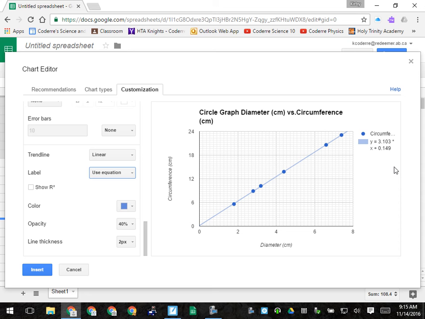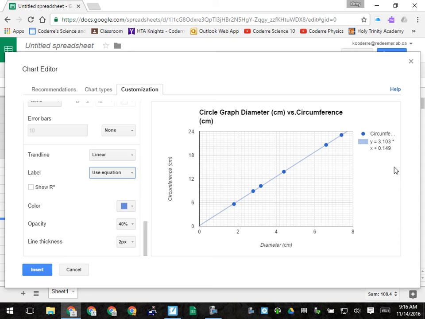Okay. So Google Sheets spits out for you and does all the work for you in terms of drawing the line correctly and calculating the slope for you. It also tells you what the Y-intercept is. So the 2 numbers that we see here, okay, Y equals 3.103.